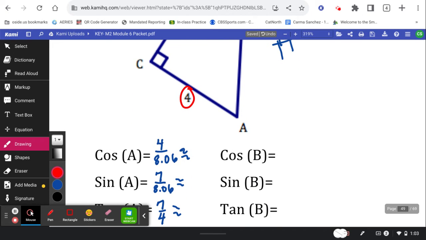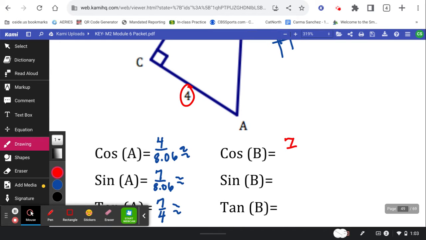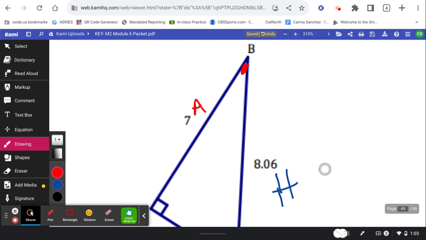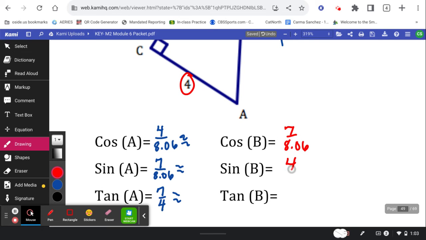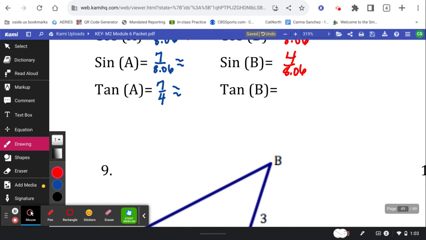So for the cosine, we need the adjacent over the hypotenuse, 7 over 8.06. Sine, opposite over hypotenuse. And tangent, 4 over 7, opposite over adjacent.